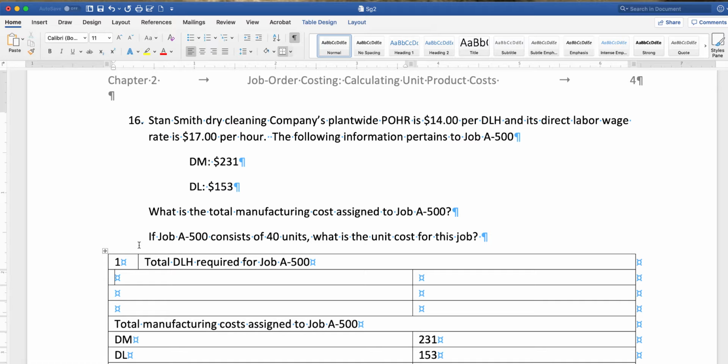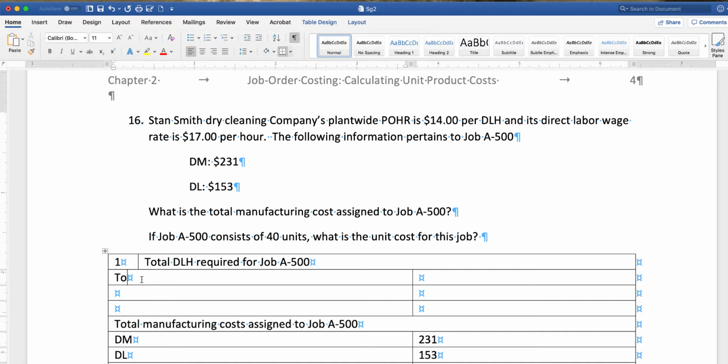Well, wait a minute, why do we care about direct labor? We care about direct labor because that is the allocation base. What is the total direct labor cost? Well, they tell us it's $153, right? If we don't believe them, yeah, it's $153.